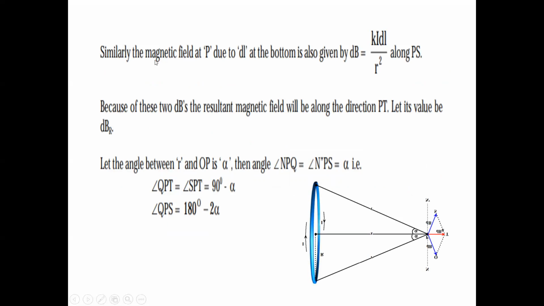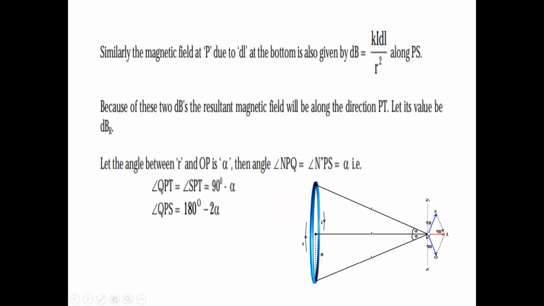In a similar manner, here it is the top of the circular coil and it is the bottom of the circular coil. In the last slide, we discussed the influence of the top dl, whose magnetic field is along PQ.